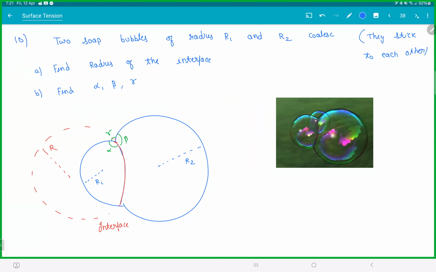Let's get this one, everyone. Find the radius R. And find alpha, beta, gamma. Lakshika, that is right.